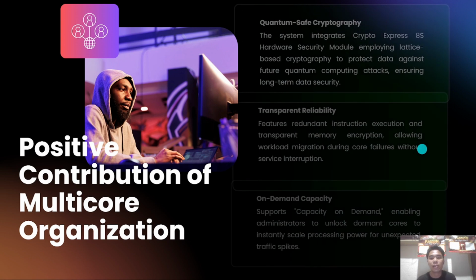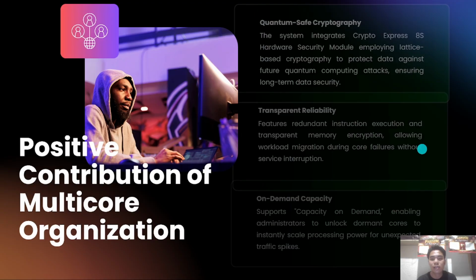Beyond raw performance, the z16's architecture is built for supreme security and reliability. Its quantum-safe cryptography uses advanced mathematical algorithms to protect data from future threats, even from quantum computers.